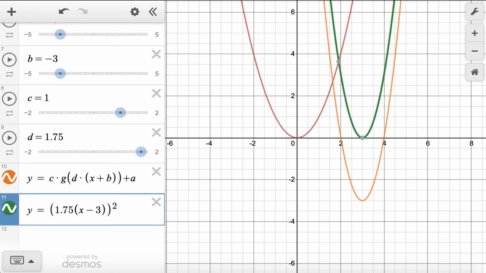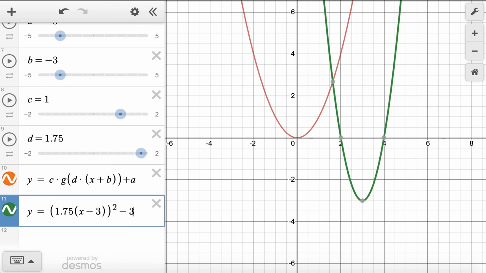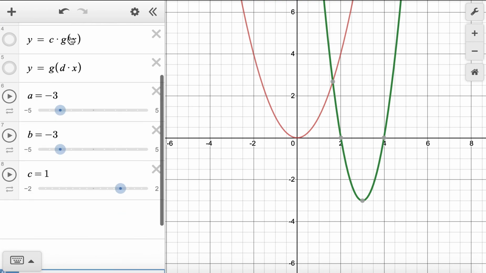Our function here was squared, and then a is -3, so minus 3. So this and this are now the same equation because I wrote in the numbers for each of these places, and I replaced this g with the function we're actually looking at, which is x squared.